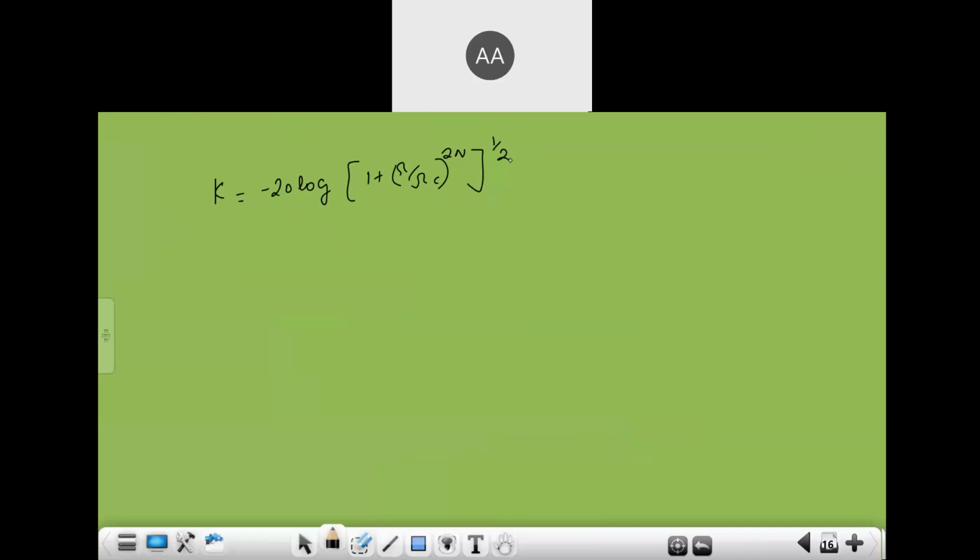So anything to the power m, I can take it here. So this becomes minus 20 by 2 log of 1 plus (omega by omega c) whole thing to the power 2n. So this is nothing but minus 10 log of 1 plus (omega by omega c) whole thing to the power 2n. Let me take this as the value k. Now let us look at the figure.